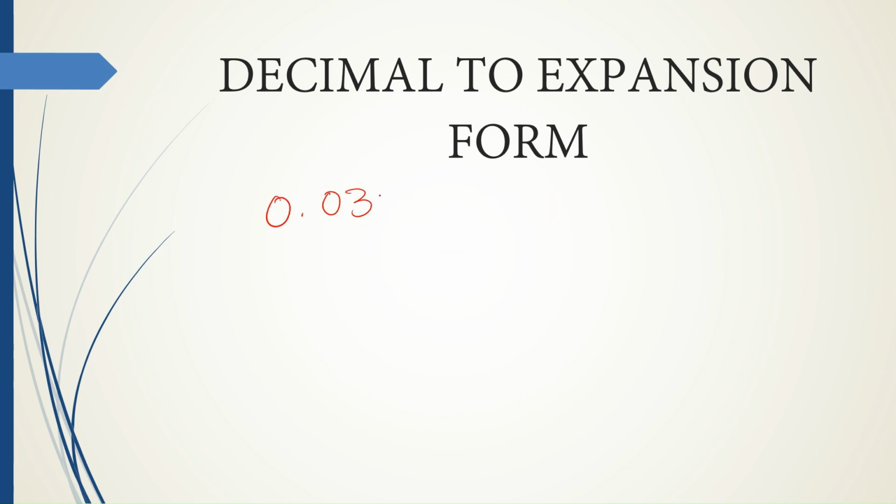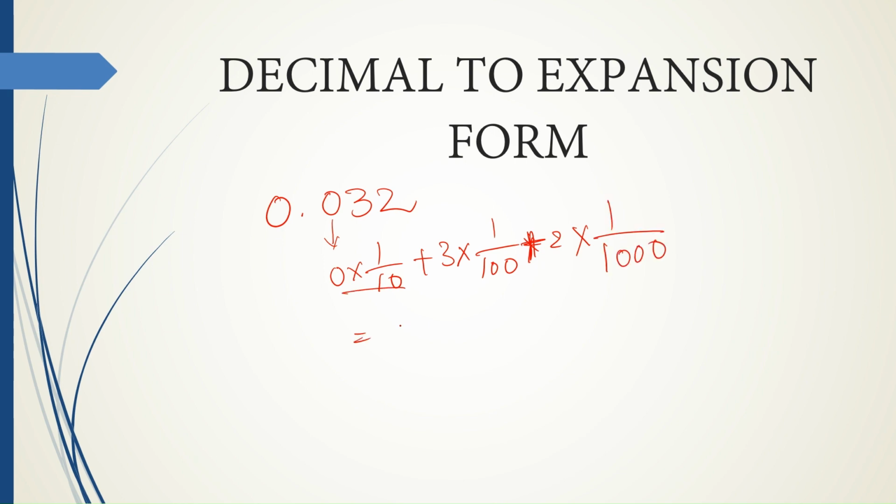Now 0.032. In tenths place we have 0, 0 into 1 upon 10 plus 3 into 1 upon 100, and then plus 2 into 1 upon 1000. So 0 into any value is 0. We'll leave that, and it is 3 upon 100 plus 2 upon 1000.